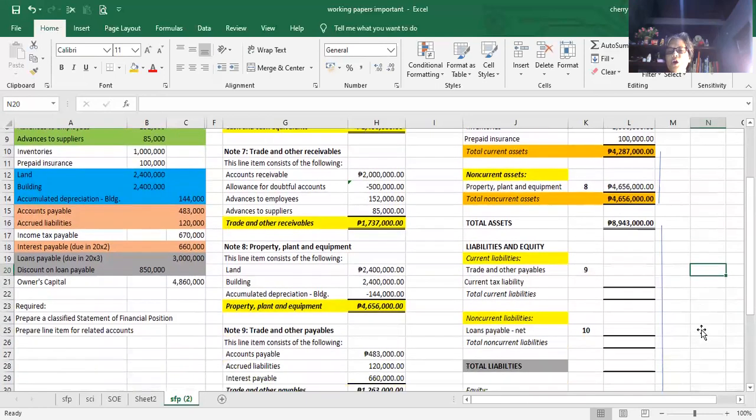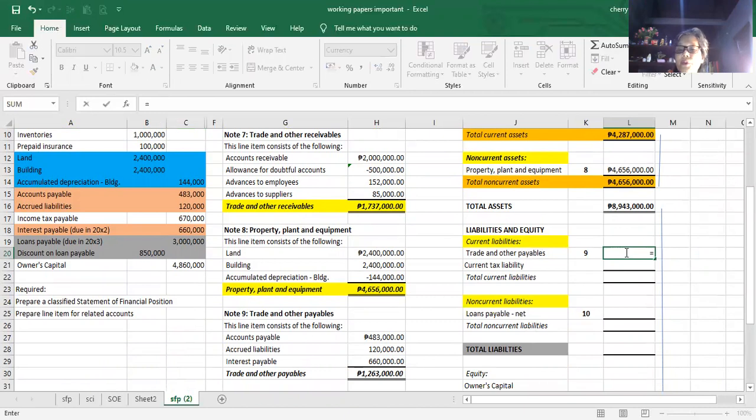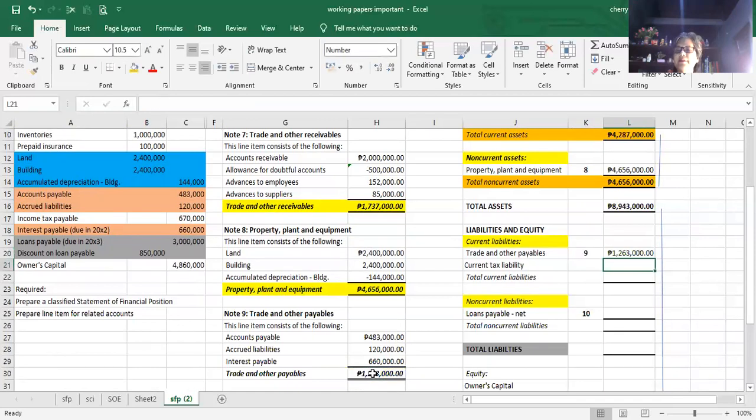Now, let's move to total liabilities. And total liabilities is composed of current liabilities and non-current liabilities. Okay? So, what is our trade and other payables per our computation? In line item 9, we get 1,263,000, right? So you're going to click and enter.